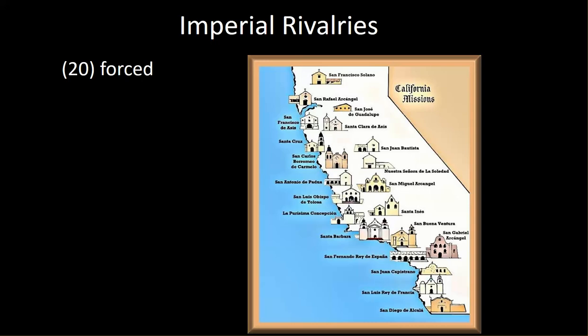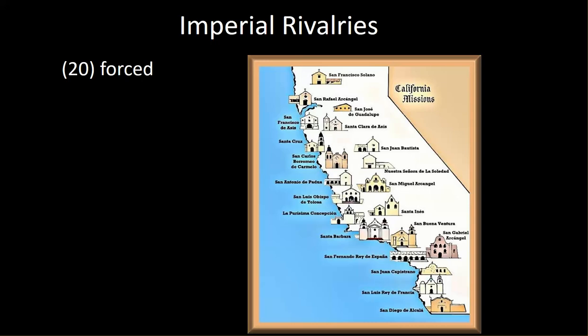And so Father Serra and the other missionaries relied on forced Indian labor to grow grain, work in the orchards, tend the livestock. The combination of enslavement, harsh conditions, starvation, new disease devastated native societies in California.